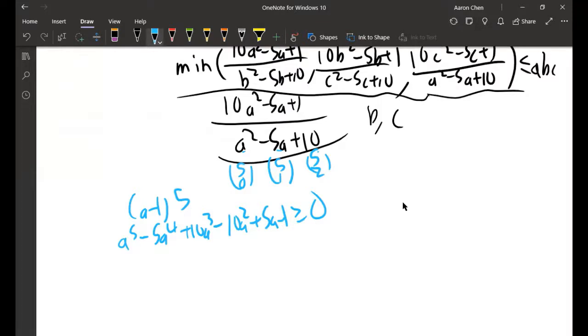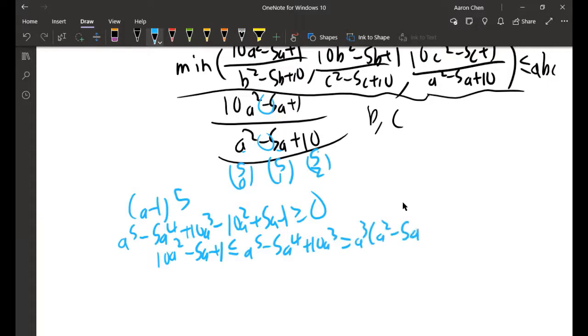And the reason for the minus is simply because there's minus signs here. And so what this gives us is 10a squared minus 5a plus 1 is less than or equal to a to the 5th minus 5a to the 4th plus 10a cubed, which if we factor out a cubed is equal to a cubed times (a squared minus 5a plus 10).